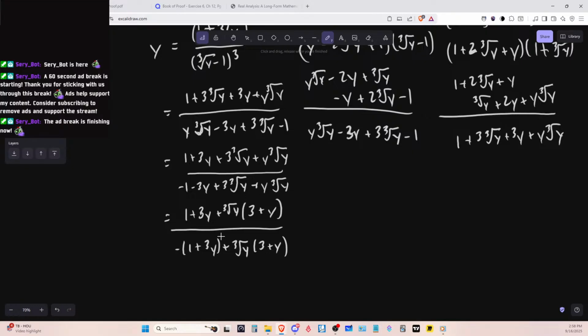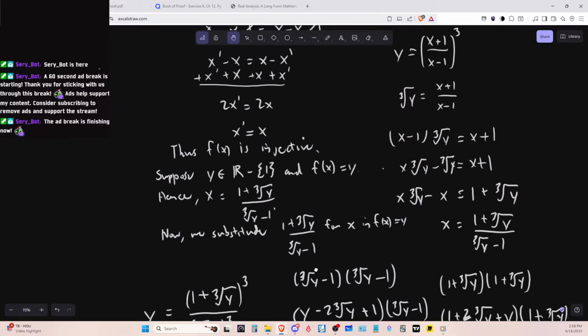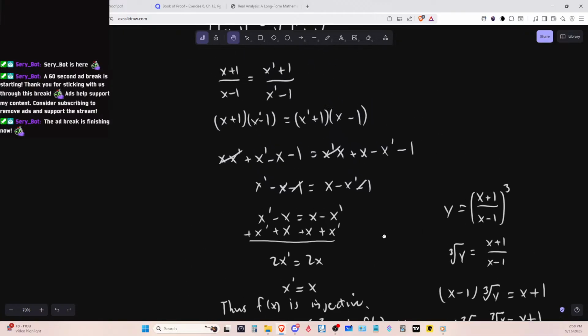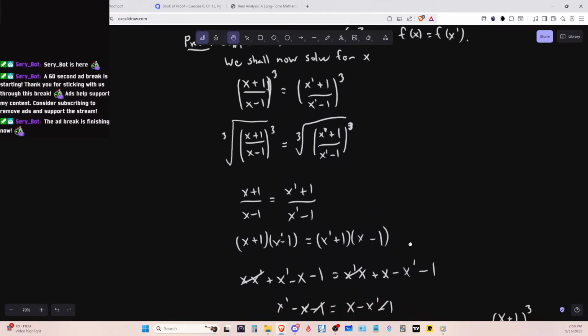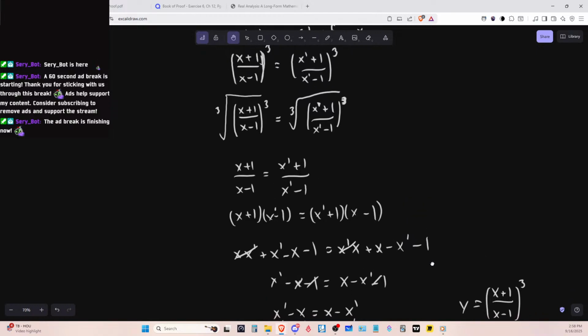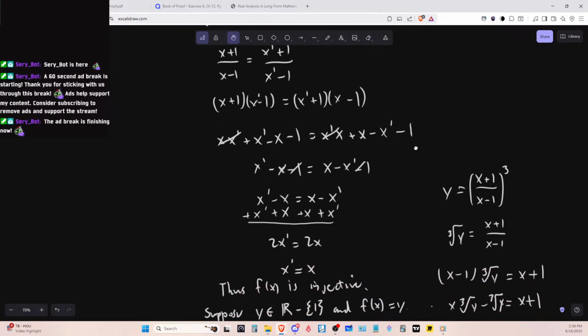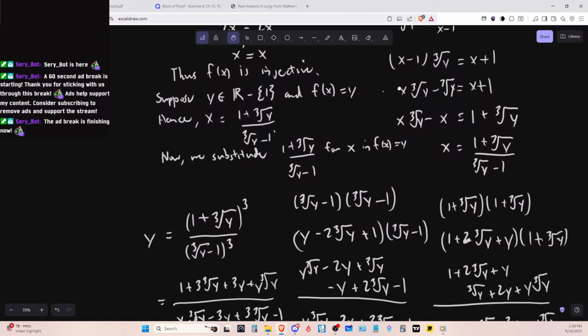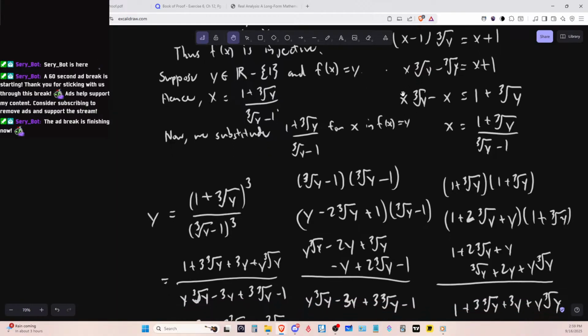Maybe it's not surjective, but it has to be surjective, because we did prove that it's injective. Proving it's injective is done, so proving that it's surjective is just very tedious.